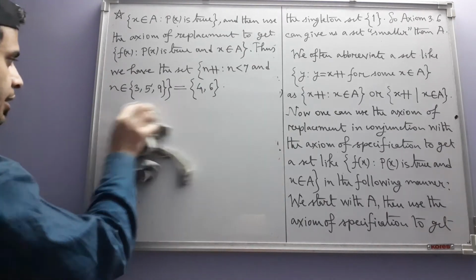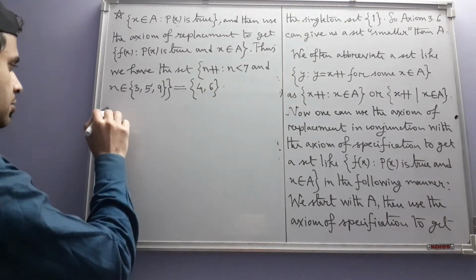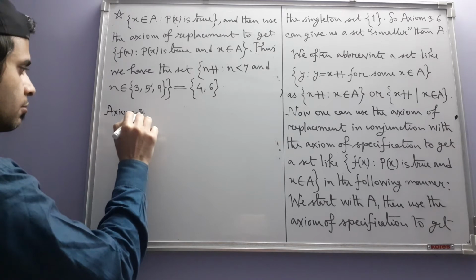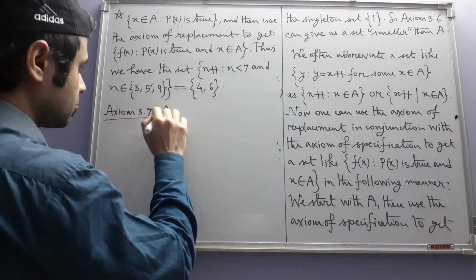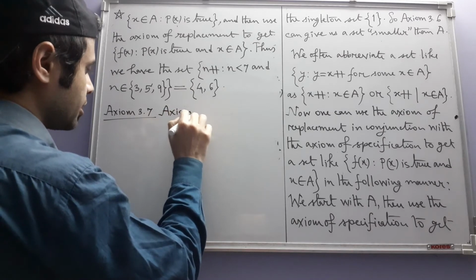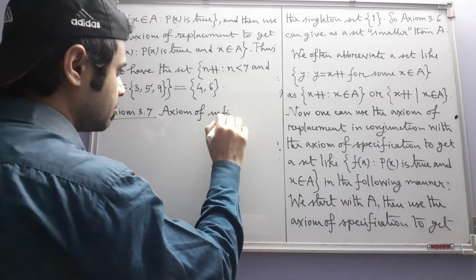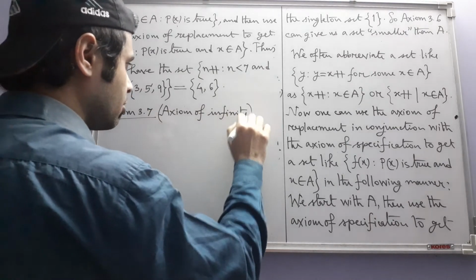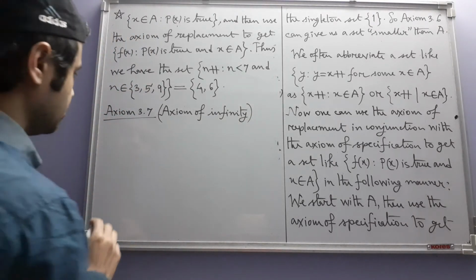Like the other axioms, this one also has a name. This is axiom 3.7. It's known as the axiom of infinity. We will see why it's called the axiom of infinity, but let's first go through the axiom.